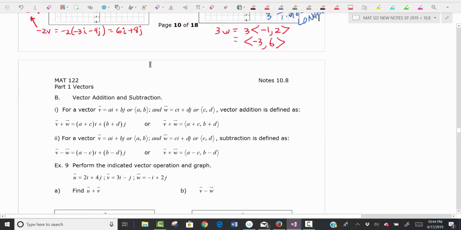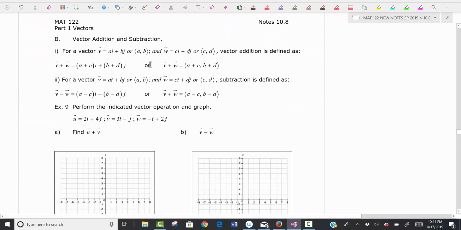Next page here, vector addition and subtraction, another real simple thing to do. You can kind of think of this as adding like terms. If you had a vector ai plus bj and another vector ci plus dj, you just add the i components, a and c, you add the j components, b and d, like that.